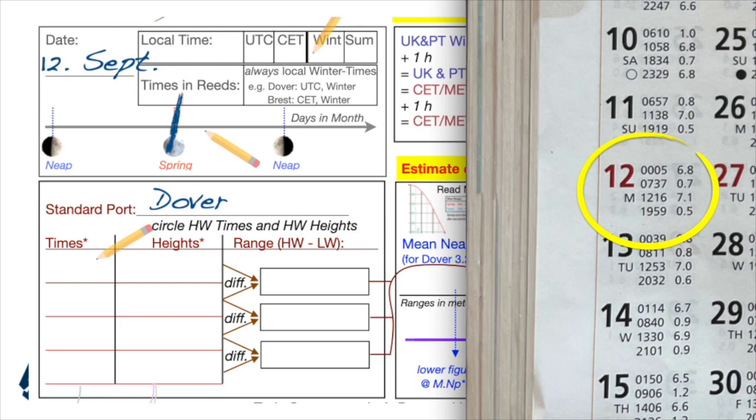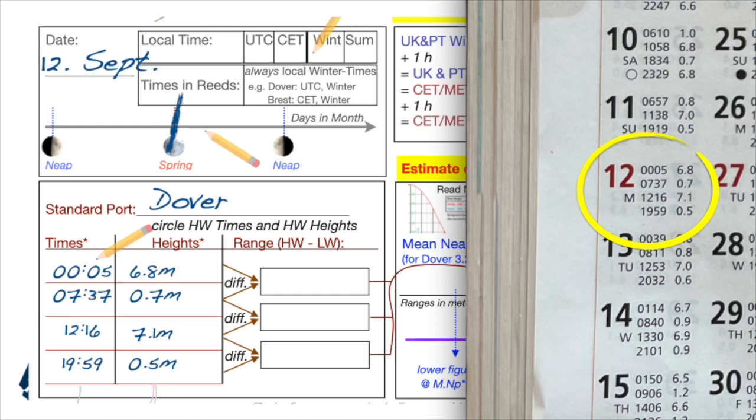So, standard port is Dover. It has a little star. Just copy these numbers, what it says in the red. And we don't need that now for height calculations like we did in Belle-Île, but we use the ranges. So the interesting thing is, what are the ranges of the day? So we wanted to be there at around 3 o'clock, remember, 15 hours.